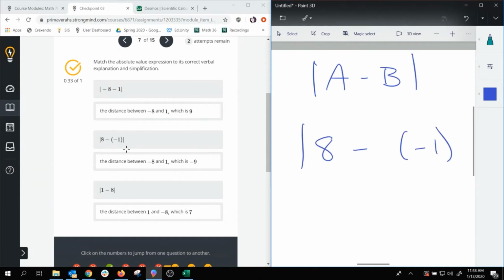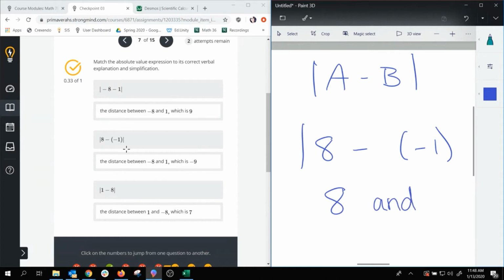Is this 8 a positive or a negative? Positive, right? So for this one, I would have the distance between 8 and what is B? What's my second number?